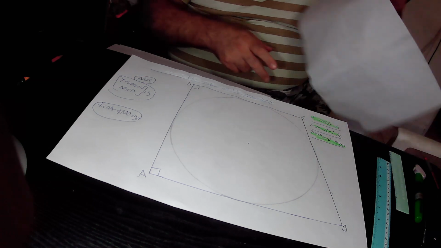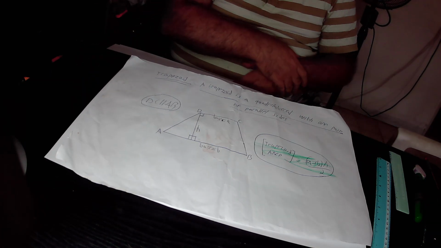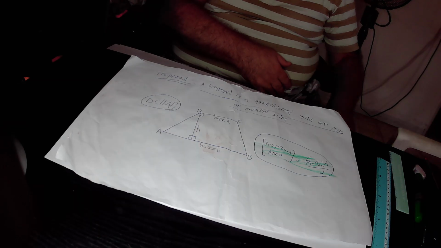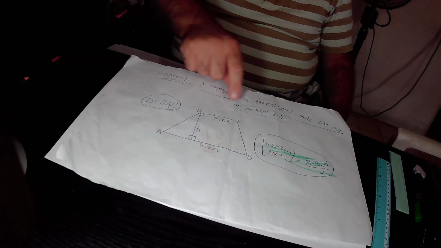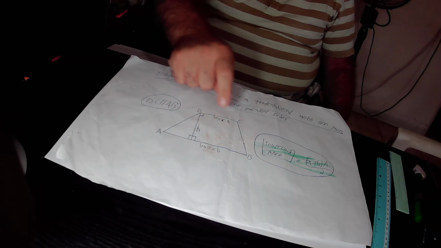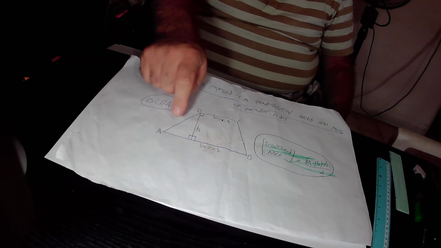So first of all, what is a trapezoid? A trapezoid is a quadrilateral with one pair of parallel sides. This is quadrilateral ABCD. In quadrilateral ABCD, side DC is parallel to the opposite side AB. Therefore, quadrilateral ABCD is a trapezoid because it has one pair of parallel sides.